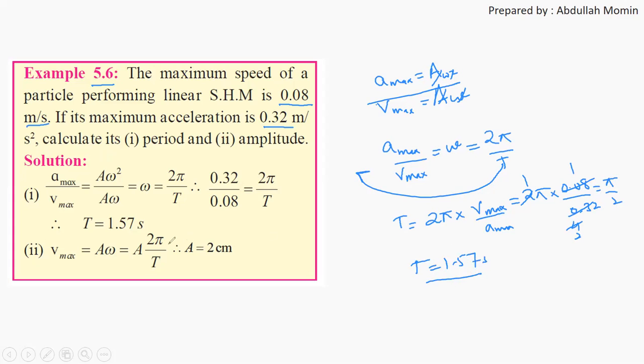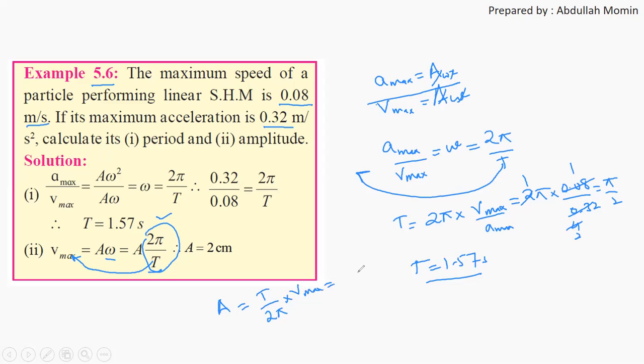So the time period is 1.57 seconds, and the amplitude is V max upon omega. So instead of omega, we will put 2 pi by T, and when 2 pi by T goes to the other side of the equal sign, we get A is equal to T by 2 pi into V max.